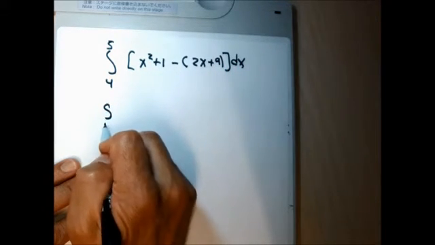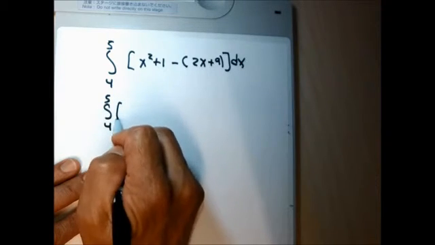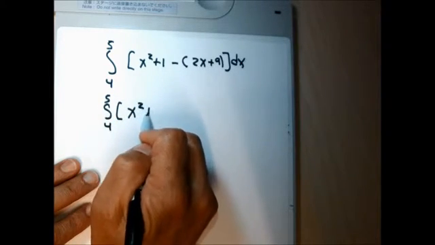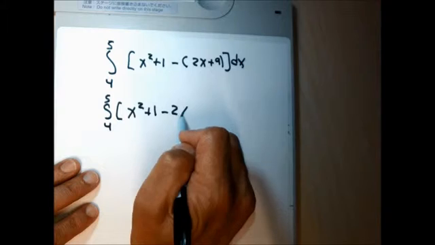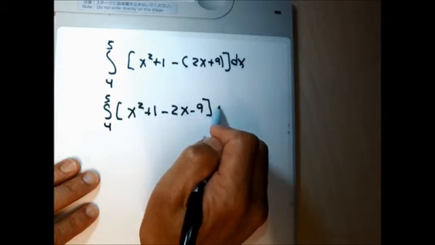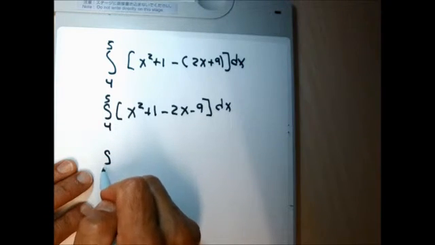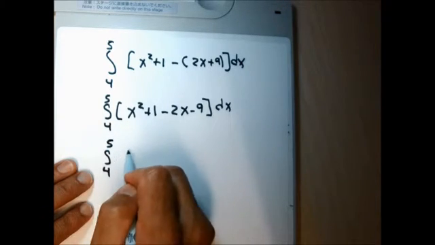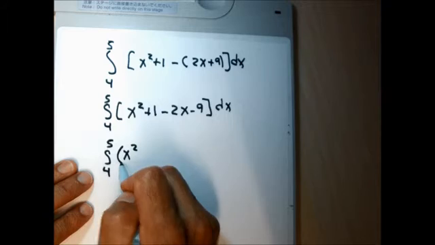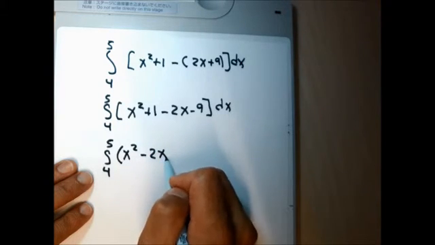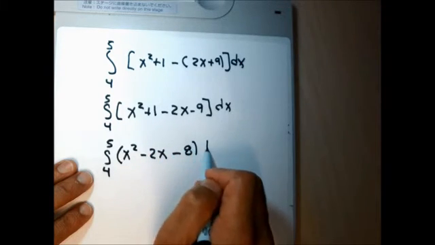That's going to be the integral from 4 to 5 of x squared plus 1 minus 2x minus 9 dx. 1 minus 9 is negative 8. That's going to be the integral from 4 to 5 of x squared minus 2x minus 8 dx.